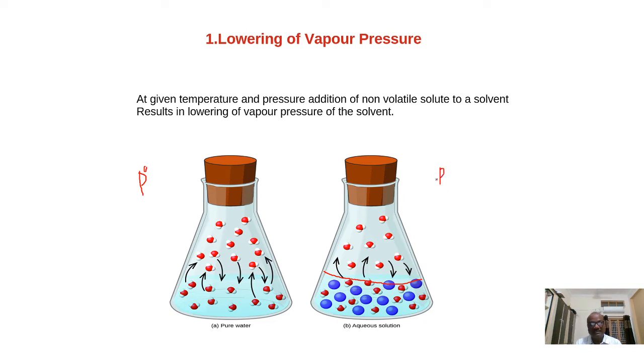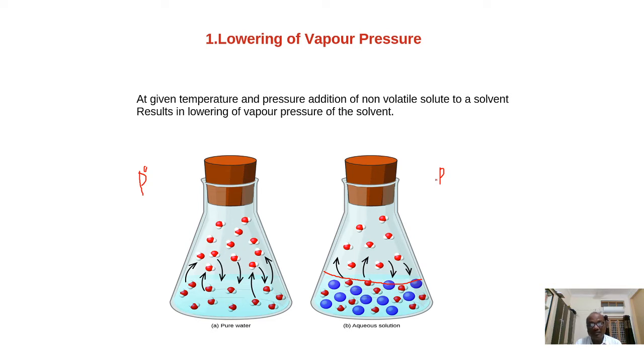P naught is greater than P. When a non-volatile solute is dissolved in a solvent, the vapor pressure decreases, so compared to P naught, P will be less. So due to addition of a non-volatile solute, the vapor pressure is decreasing. That phenomenon we call lowering of vapor pressure.